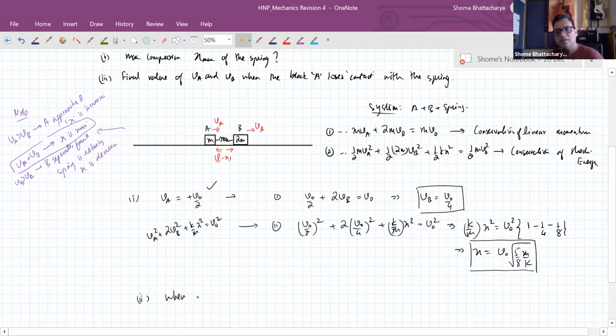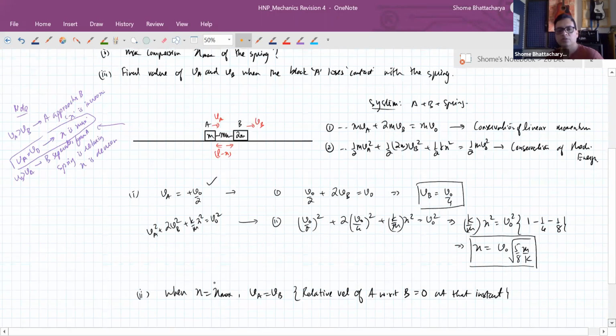So when X is equal to X maximum, VA is equal to VB, or the relative velocity of A with respect to B is equal to 0 at that instant when the spring is having maximum compression, or A is closest to B. So incorporate that.